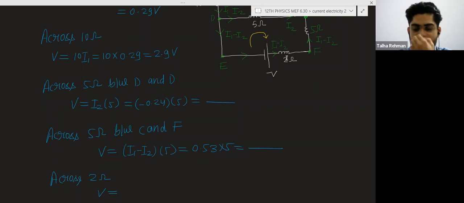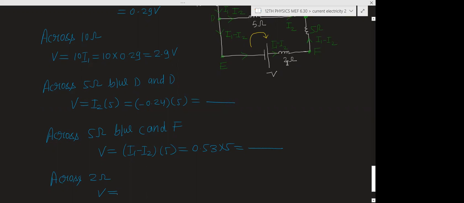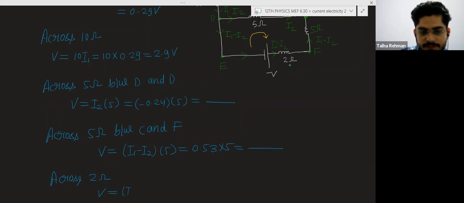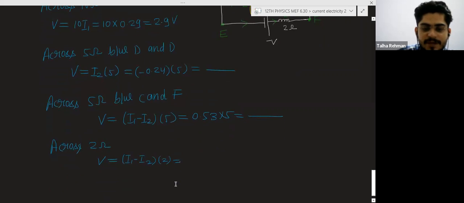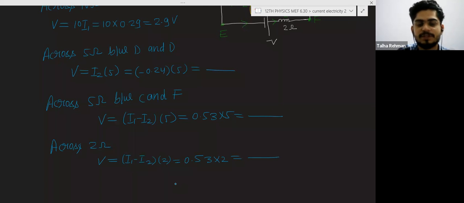Okay, no problem. Nafisa, can you tell me what is the voltage across this? I1 minus I2 multiplied by 2. Yeah, very good. V is equal to I into R. This is current, this is R, and I1 minus I2 I have already calculated, 0.53 into 2, and you can do this calculation by yourself.